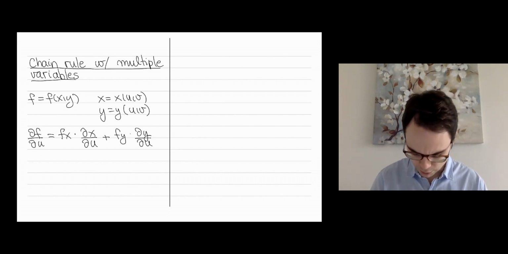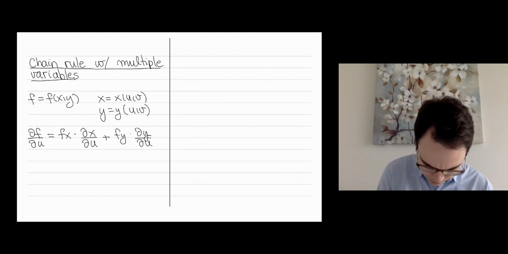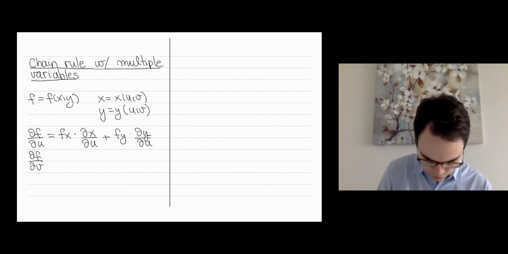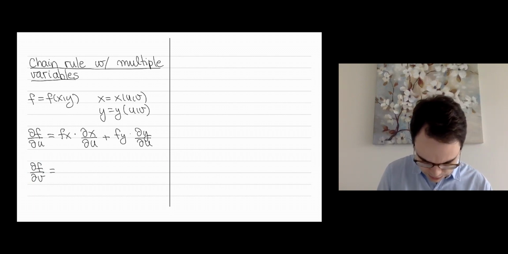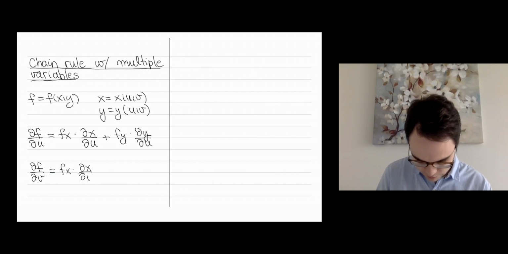So that's a partial. And similarly, if I want the v partial of f, let me move this down so things don't look too crammed. We get f sub x times ∂x/∂v plus f sub y times ∂y/∂v.